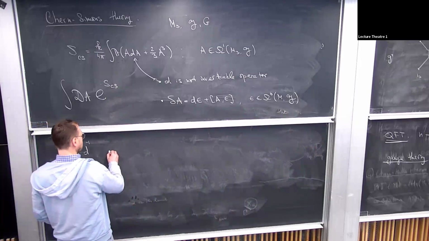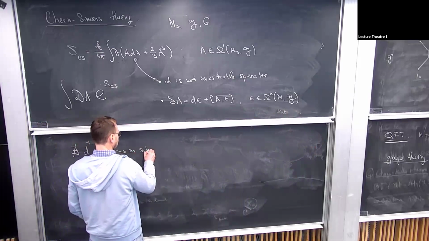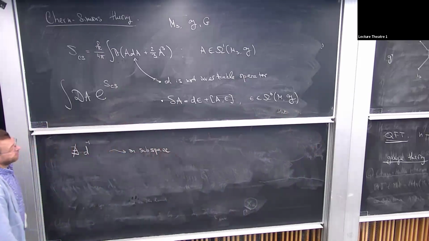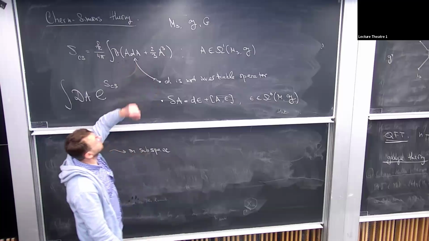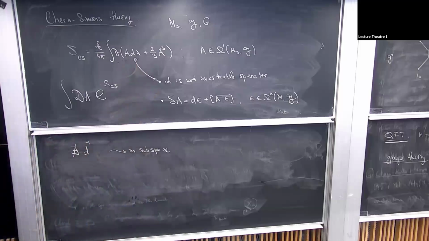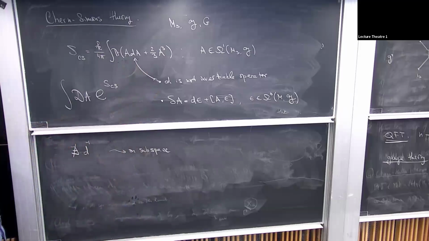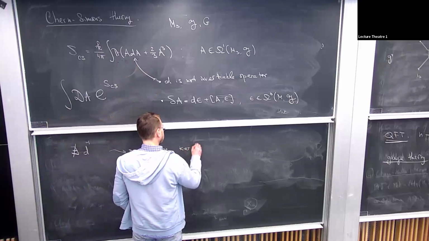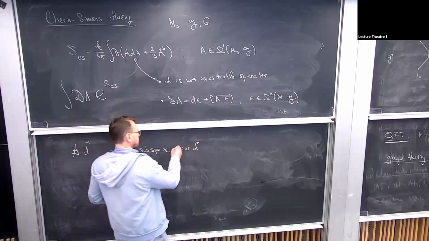But we can invert this on a subspace. Actually, I will talk about it in a moment. You have to put the full de Rham complex into the game to make sense of it. But for the moment, let's forget it. So for example, I can invert it on the kernel of the dagger operator. Again, it's a choice.